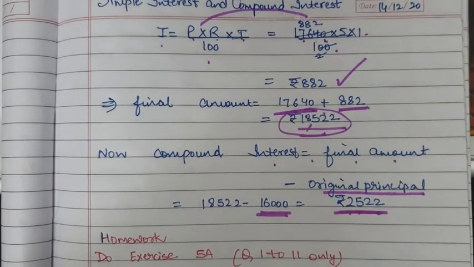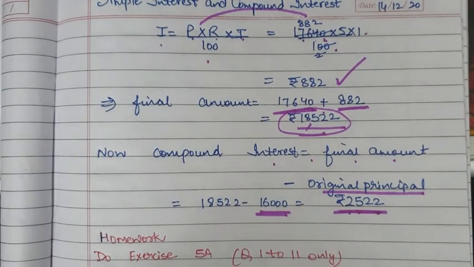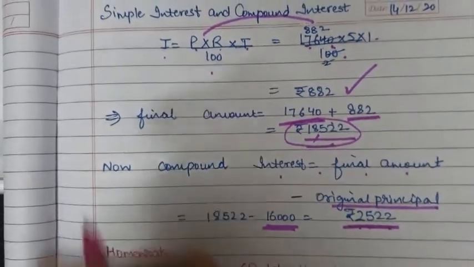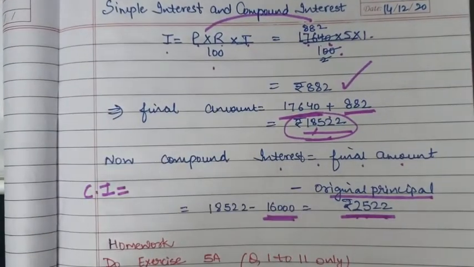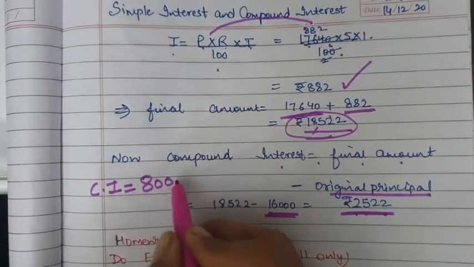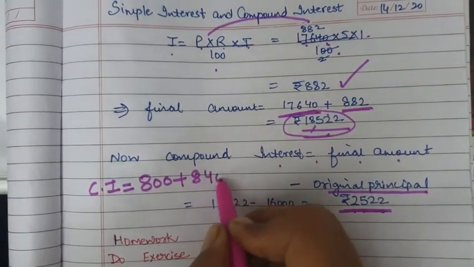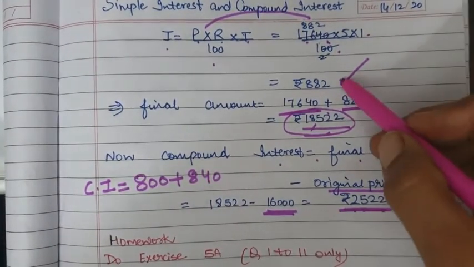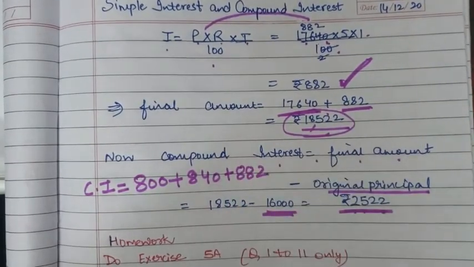Now listen children, in the first question of compound interest, we discussed that the compound interest can be found out by adding all the interest for the years. Similarly, we can do it in the same way: compound interest is equal to the interest for the first year, 800, for the second year 840, and for the third year 882.